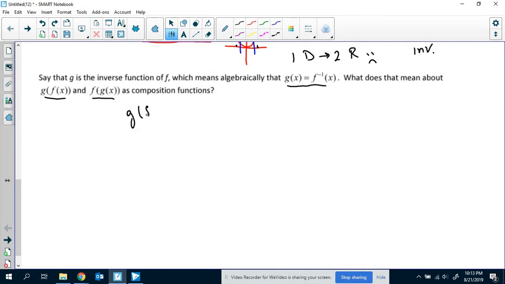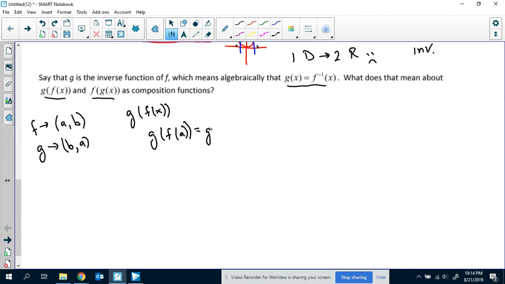If I have G of F of X, let's recall that if I have any point on the graph of F, let's call it AB, then on the graph of G these points are going to be flipped. So let's take G of F of A. What happens to F of A?